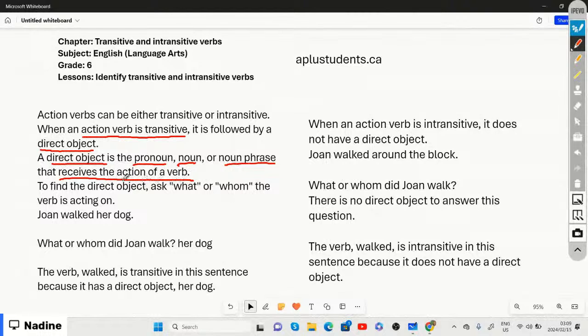In order for us to find the direct object, we need to ask ourselves what or whom the verb is acting on. That is the direct object.